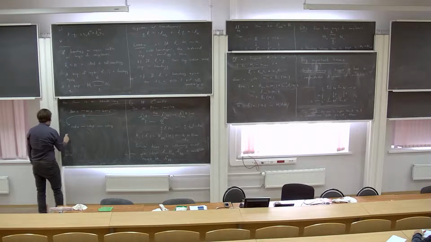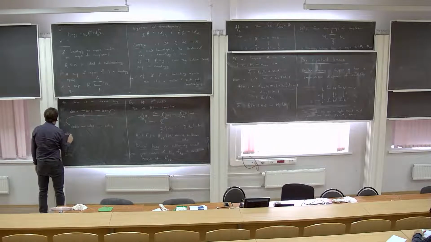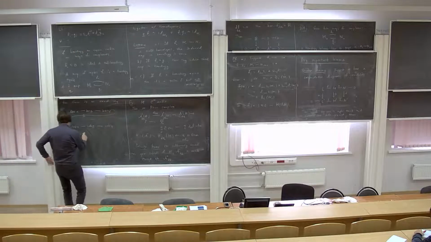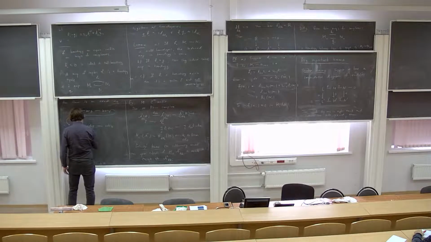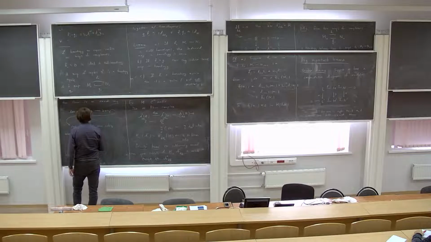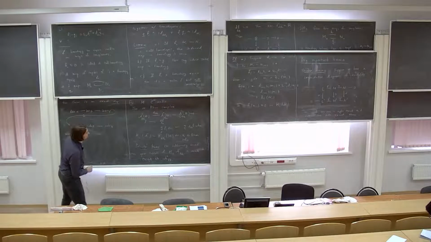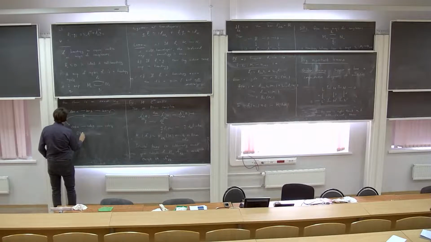There's some map like this, where delta can be computed as follows. Let me just tell you what delta of n is.